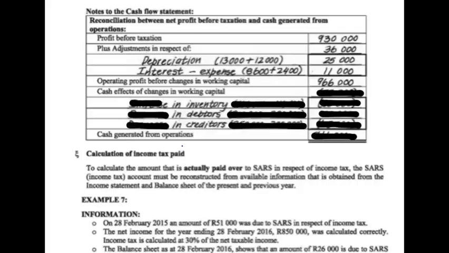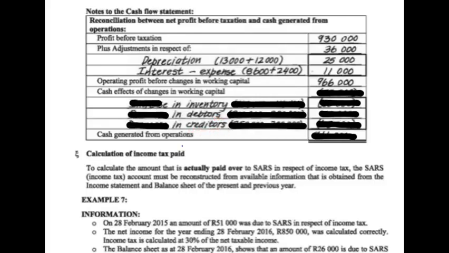My next part to my note 1 is my cash effects in the changes to working capital. Now, working capital consists of inventory, debtors, and creditors. Even though I call it debtors and creditors, I'm actually referring to my note number 4, note number 5, and note number 9.